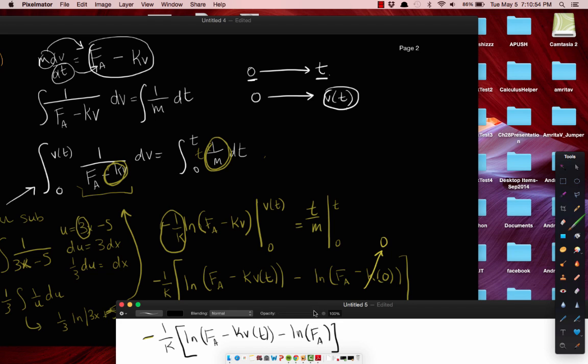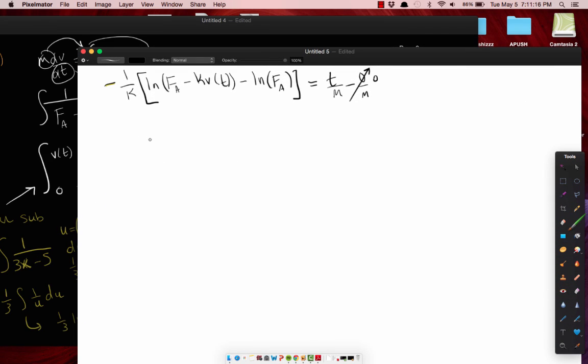So we got that, and now we need to simplify this side. We plug in t, so t over m, minus 0 over m, which is basically t over m, because this goes to 0.